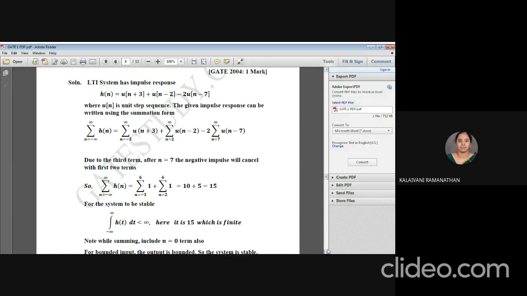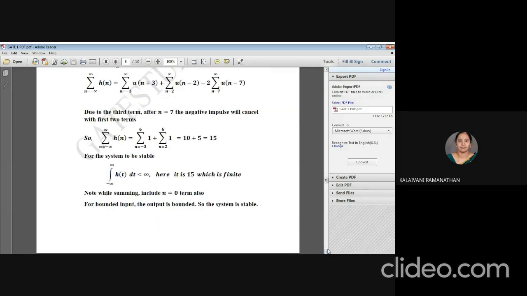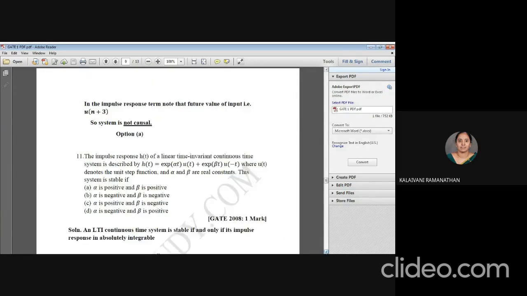Once again, for a bounded input the output is bounded, so the system is stable. And if the impulse response has a term involving the future value of the input, u of n plus 3, the system is not causal.